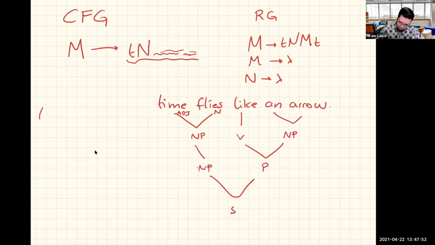Well, sorry, it would be a little bit cluttered, but we are in a hurry. The correct way would be time is a noun, flies should be the verb, like is a complement.